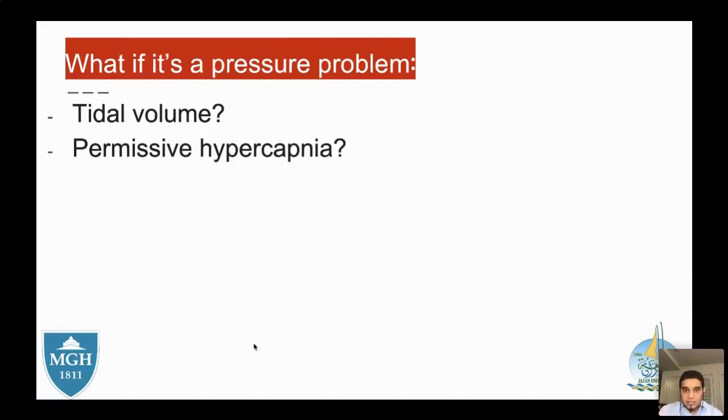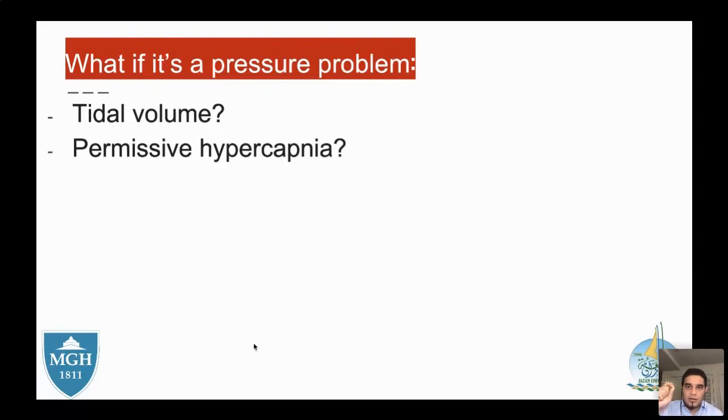But take into consideration that accepting permissive hypercapnia is acceptable. High CO2 is not dangerous for the patient. Low oxygenation is dangerous. But how high a CO2 can I accept?